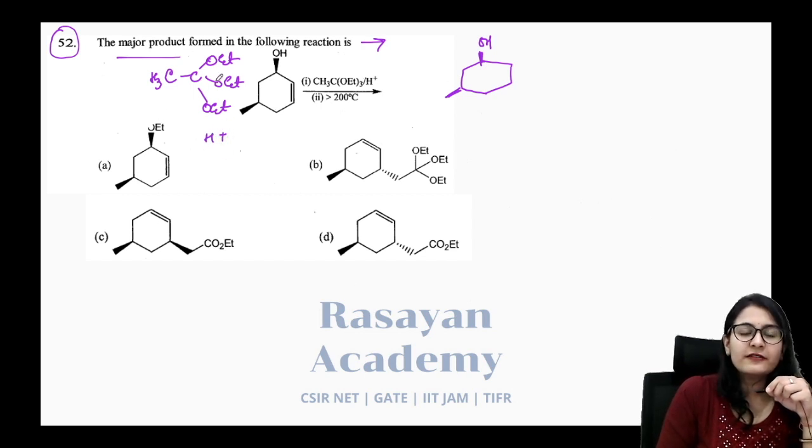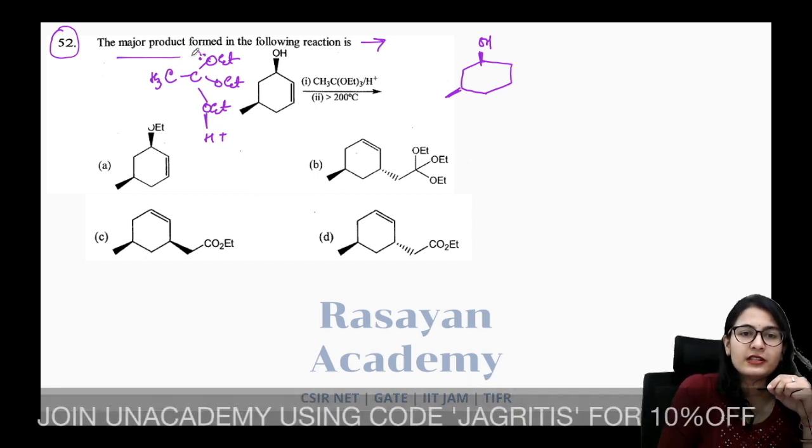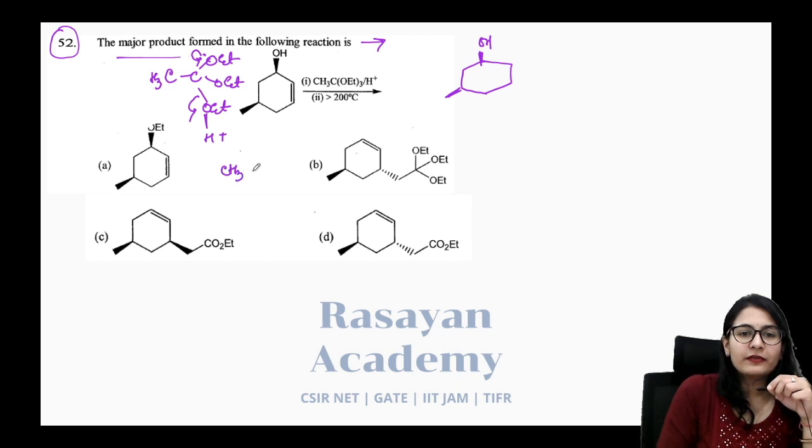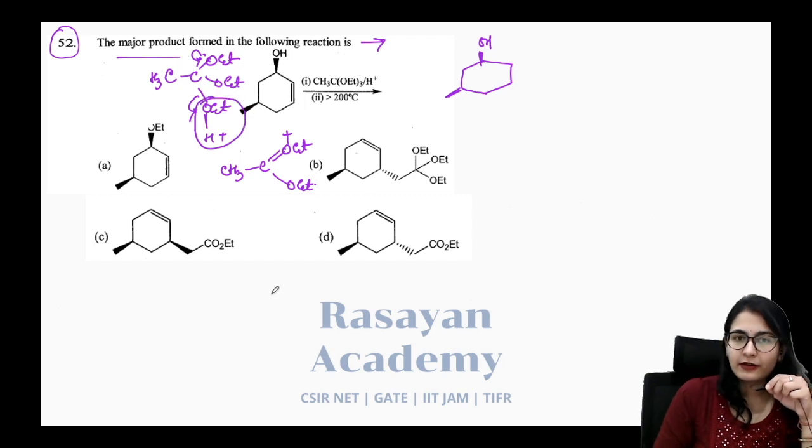Okay, in the presence of acid, let's say I have protonated this oxygen. So in the presence of acid, it is going to eliminate one of the ethanol molecules. This is OEt, oxygen positive, and this OEt. One ethanol molecule has eliminated from here. Alright, this is your orthoester.